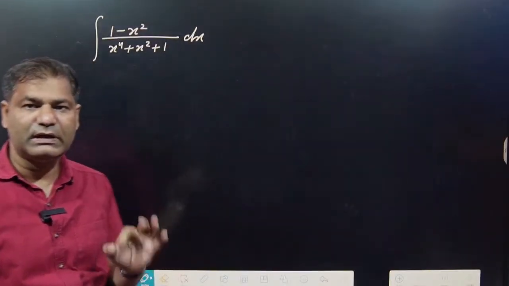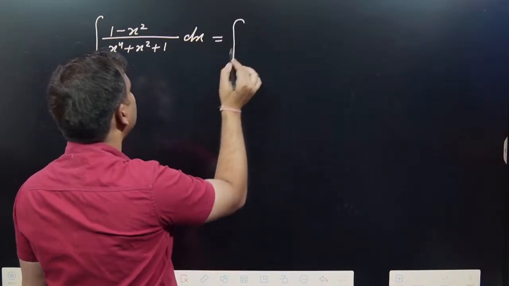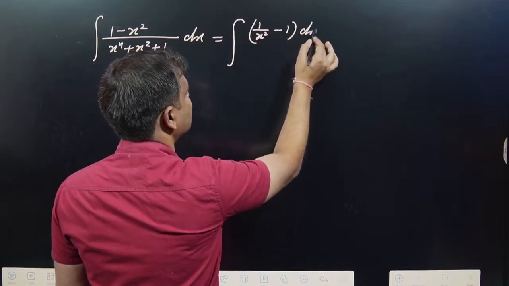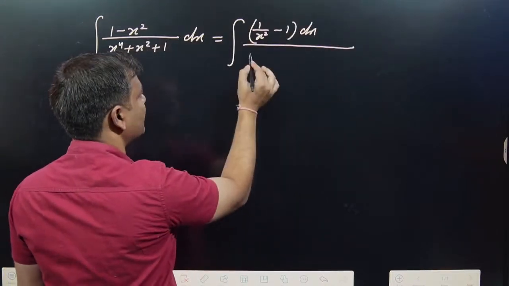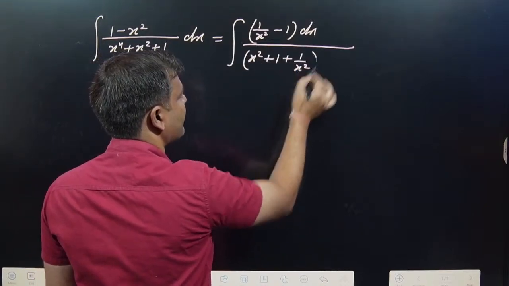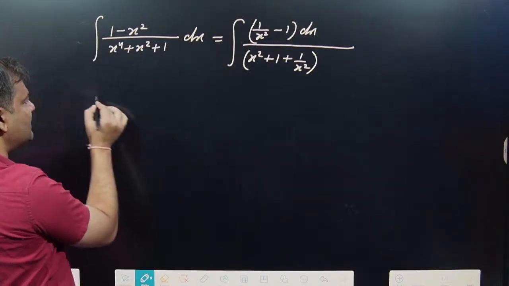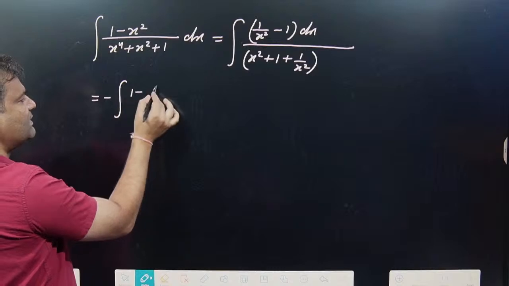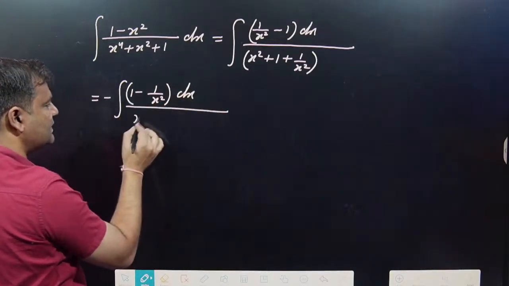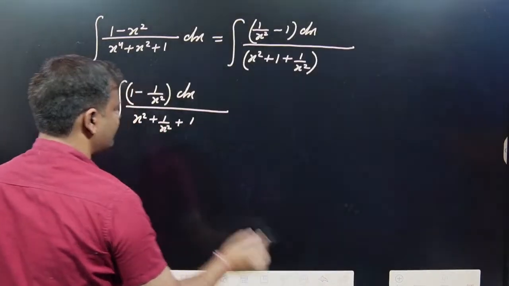So first of all, divide by x². So (1/x² − 1) dx divided by (x² + 1 + 1/x²). Okay, after that look here very carefully, if minus is common then (1 − 1/x²) dx divided by (x² + 1/x² + 1).